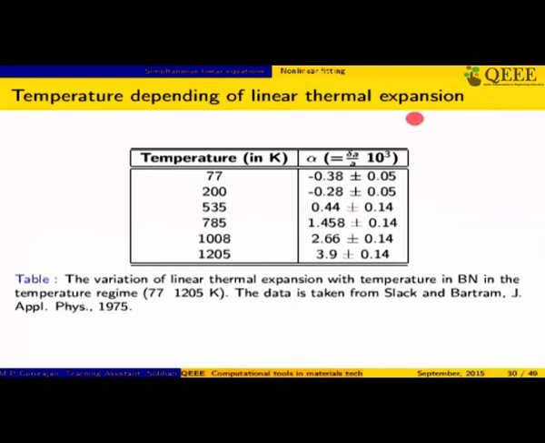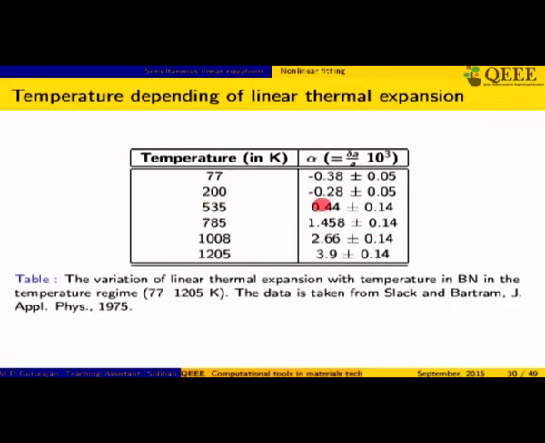So let's look at the temperature dependence of linear thermal expansion, for example. This is in boron nitride in the temperature regime 77 to 1205 Kelvin. The temperature versus linear thermal expansion is listed, and the linear thermal expansion is given with the standard deviation, so with the error. What we want to do is fit this data.